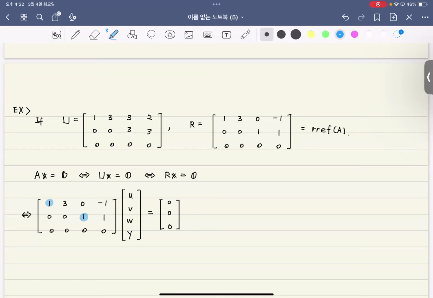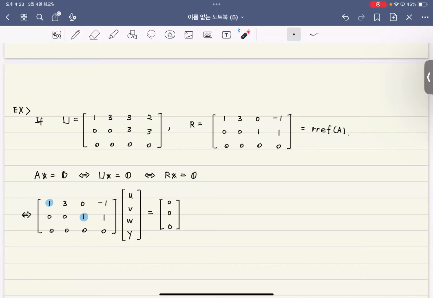These are pivots, and here you need to multiply this 3x4 matrix to a 4x1 column vector, and this unknown U is now being multiplied to this pivot when you multiply the first row by this column, and this W is also going to be multiplied to this pivot entry, right?